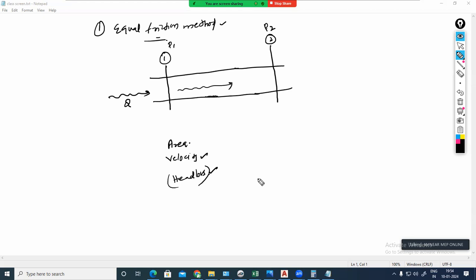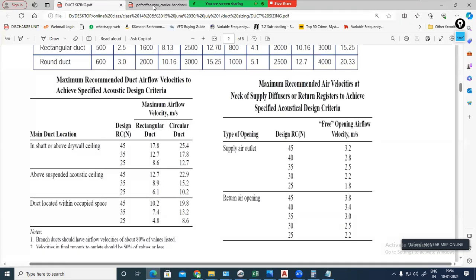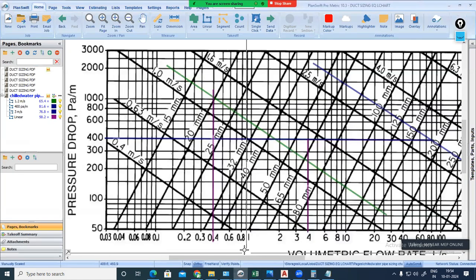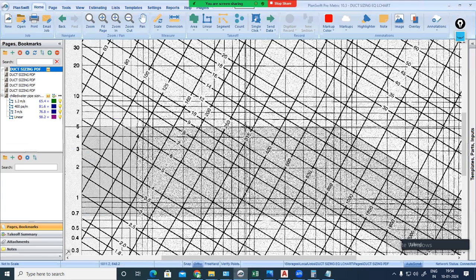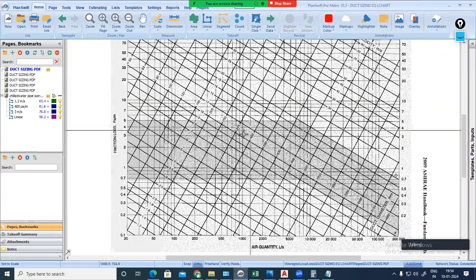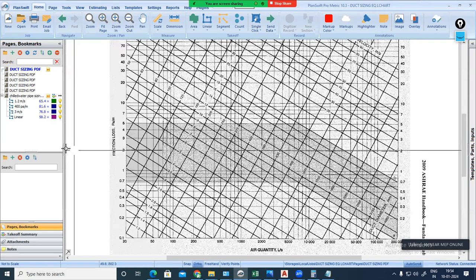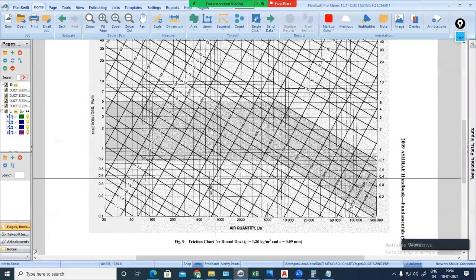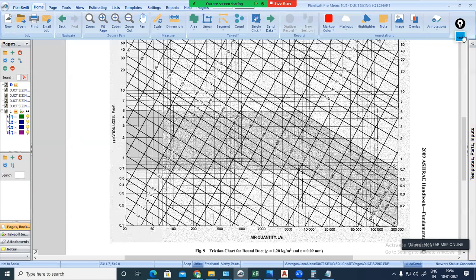How? See, if we go to the ASHRAE duct sizing chapter, almost all the fundamental chapters, for example, in the duct sizing section, you can see this chart. In this chart, you can see 4 parameters. On the X-axis, we are having air quantity, airflow rate in liter per second.